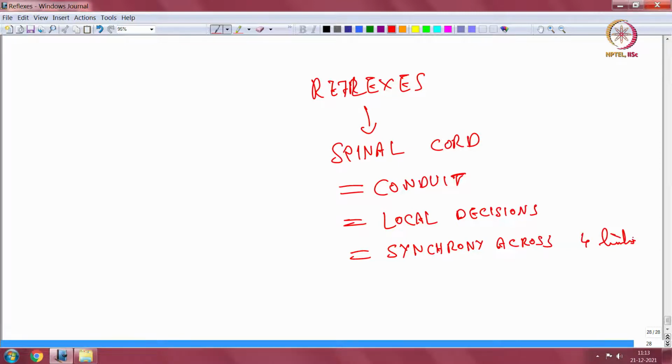So, these are the various functions which are carried out by the spinal cord, and they are very important, and they are responsible for what we call low level functions. Please do remember, for anybody who has seen spinal cord injuries and their manifestations, you would understand the importance of the spinal cord.